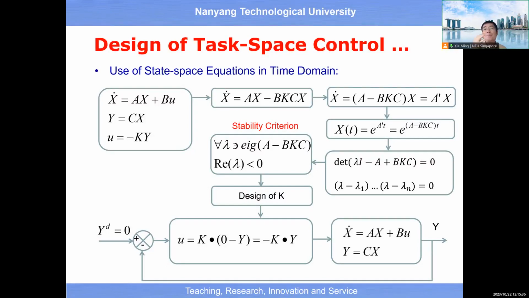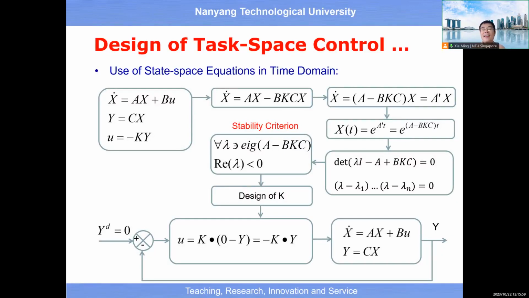And when we design a control system, the designer has the freedom to choose the value for K. Then the question is, what should be the value for K so that this system will become stable, right? So then we must substitute this U with a negative K y.